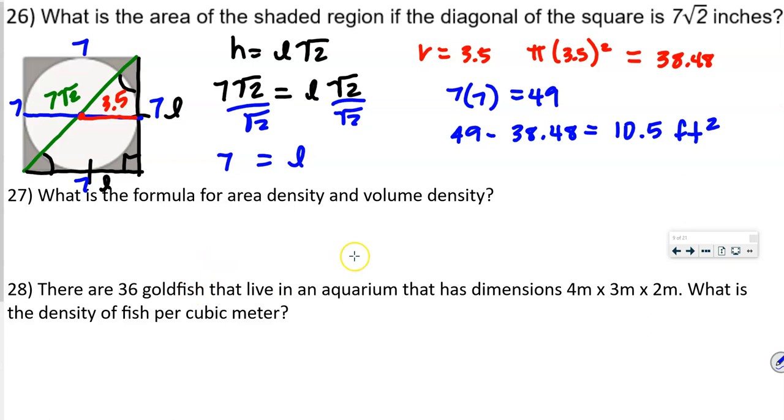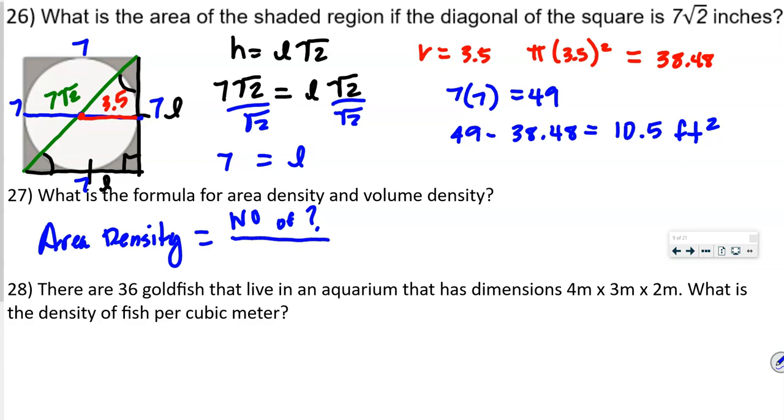Okay. Then it says, what is the formula for area density and for volume density? So when we're talking about area density, we're talking about the number of, I don't know what, something, fish, animals, rocks, whatever. There's a lot of different things you could do here.